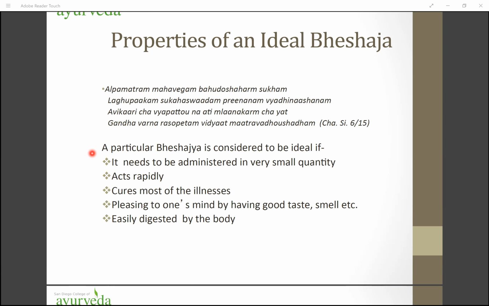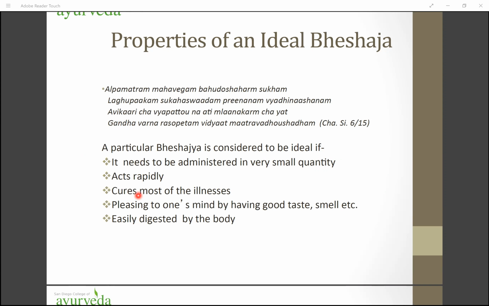If it acts rapidly, it acts quickly in your body, and it can cure most of the illnesses. It works on all the different kinds of doshas, and helps to balance all the three doshas that we have, irrespective of what combination the increased dosha is at.